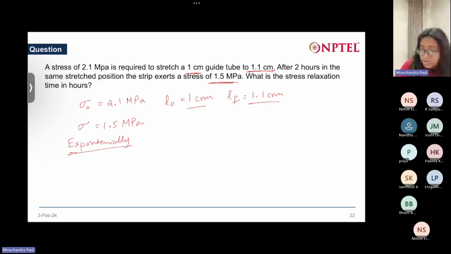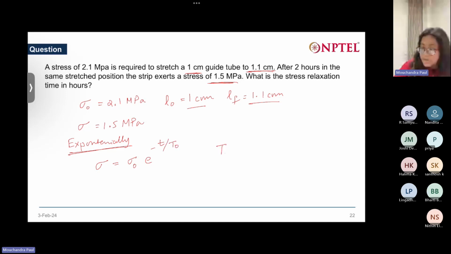From the lectures, we know the expression: the final stress is equal to the initial stress that it experienced times e to the power minus t, where t is the variable term, how long you are observing this phenomenon, divided by T naught. Now T naught here is the stress relaxation time.